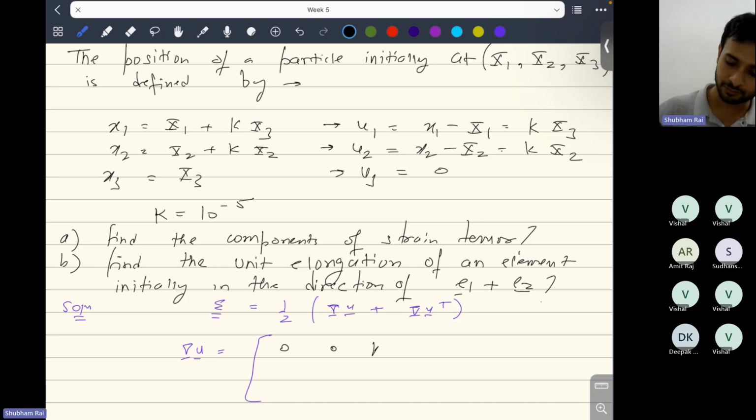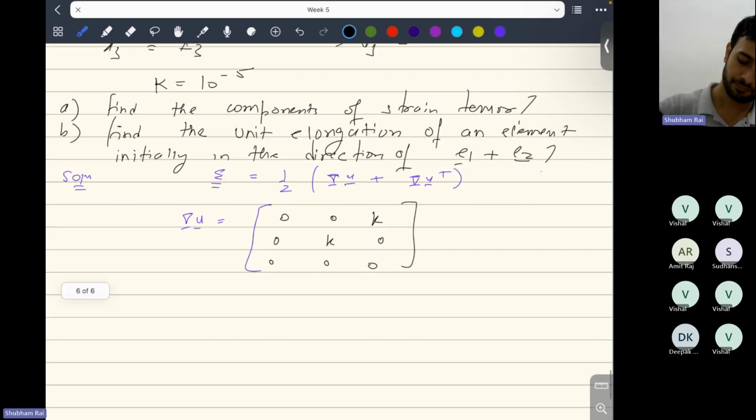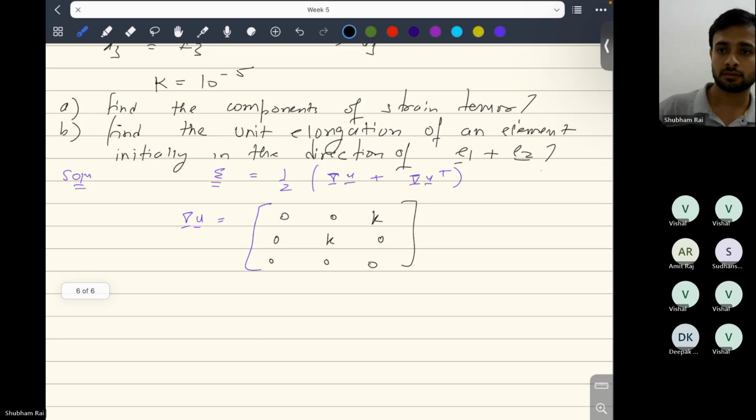Similarly, del u2 by del x1 will be 0, del u2 by del x2 is k, and del u2 by del x3 is 0. And u3 is 0 itself, so this differential will be 0. This is your displacement gradient tensor.